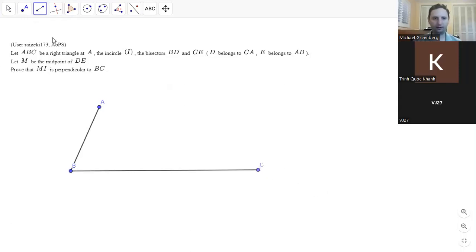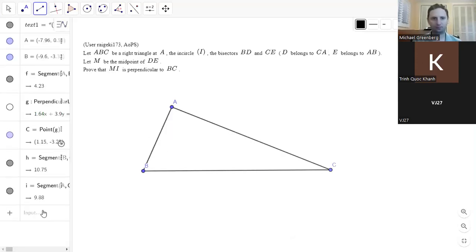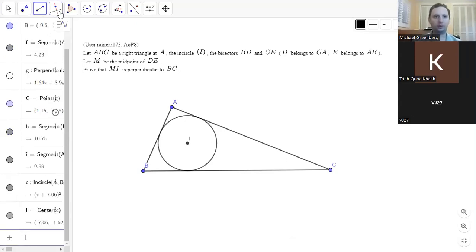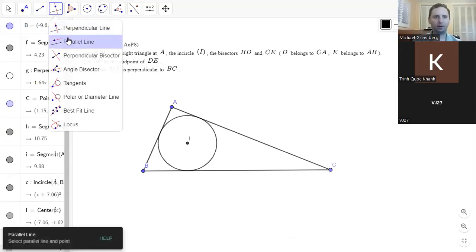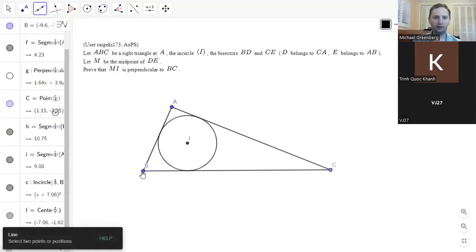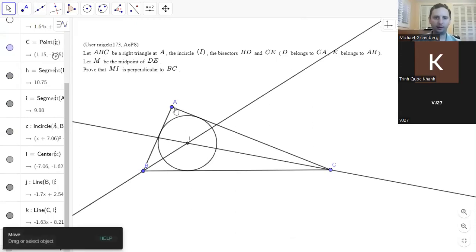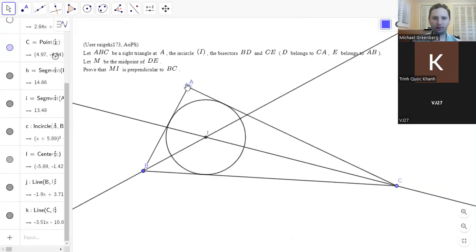So I'm going to hide this and let's draw the incircle. And then we draw the two angle bisectors, BD and CE. And then we draw the midpoint of DE. So D is on CA and E is on AB.